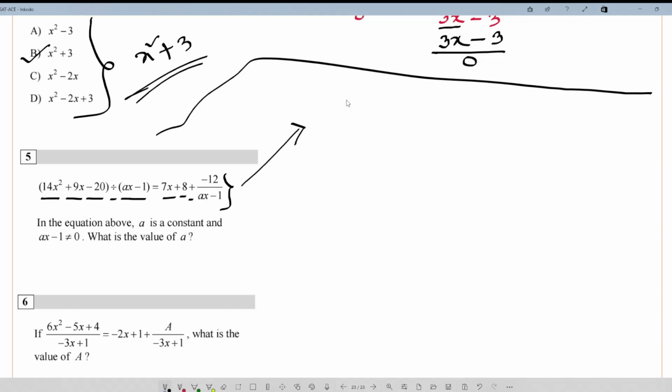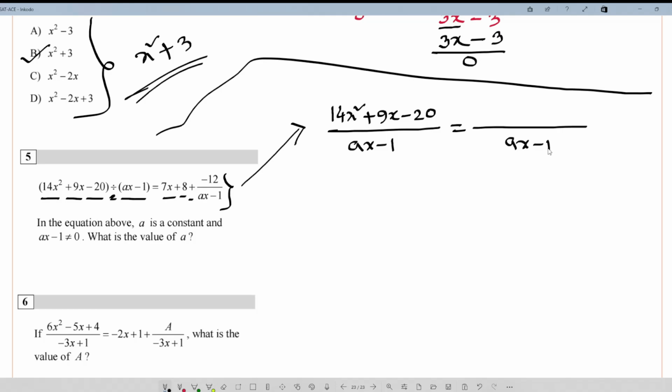This one we can write like this: 14x square plus 9x minus 20, here is the division sign, so we write ax minus 1 equals, here is 7x. We can make the LCM here, ax minus 1. So here is 7x, we can write 7x times ax minus 1, then plus 8 times ax minus 1, then plus and minus, it will become minus 12.